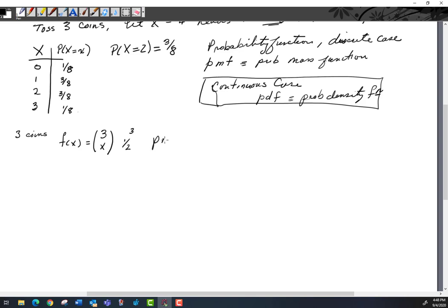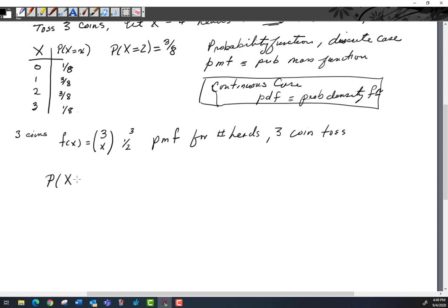And this would be a probability mass function for the number of heads in a 3 coin toss. Because it's a probability mass function for this experiment because it gives me the probabilities.